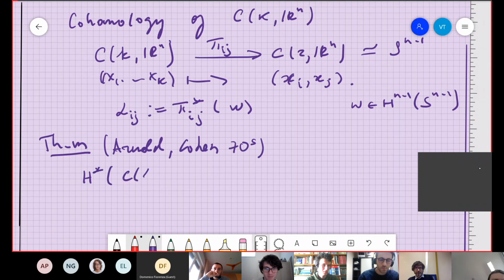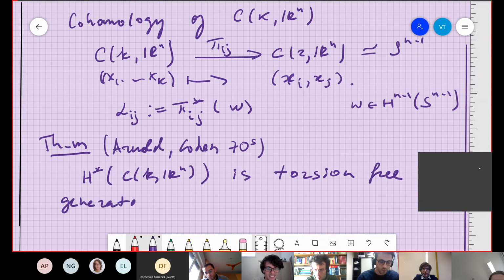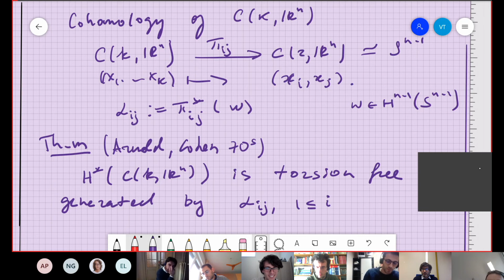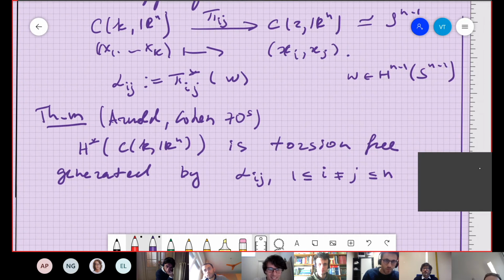The cohomology of the configuration space of k points in R^n is torsion free, generated by all these classes alpha ij, and the relations are the quadratic ones.